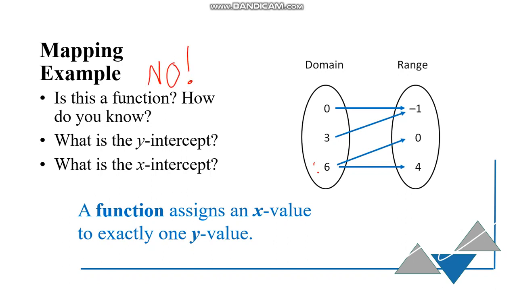How do I know? 6 is getting assigned to two values, which makes this not a function. If you would like, you could graph these points and look at the vertical line test. You would see that there's a vertical line that goes from 6, 0 to 6, 4, not a function.